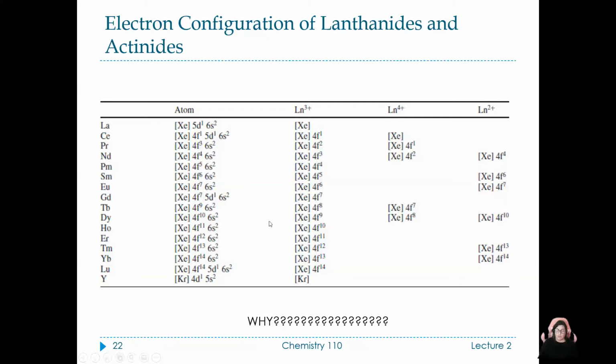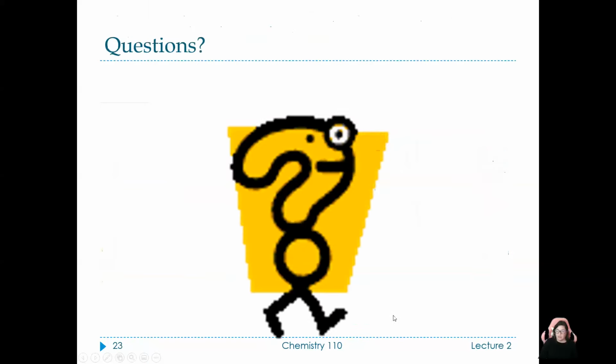We're talking about the exact same thing that we talked about before, having a lower energy if that f is half full or completely full, and taking one of the electrons out of the s to do that, or out of the previous d to do that.